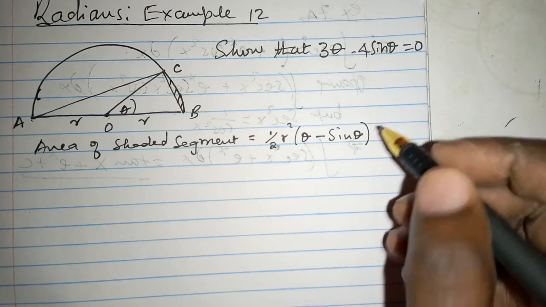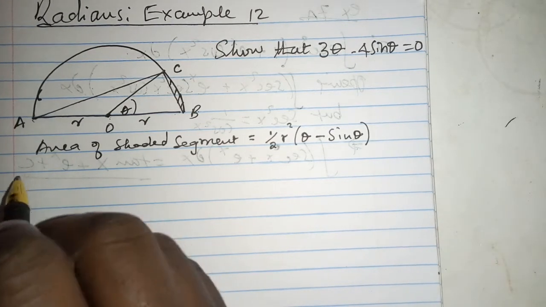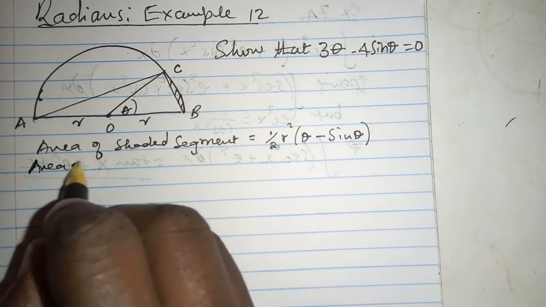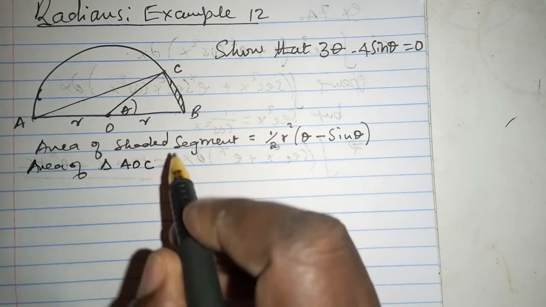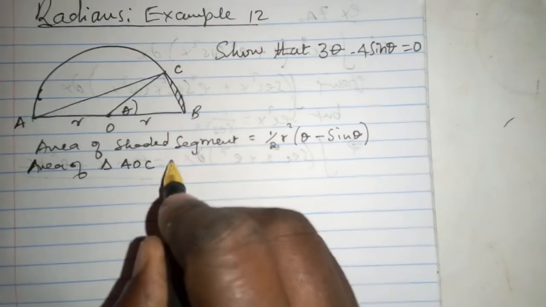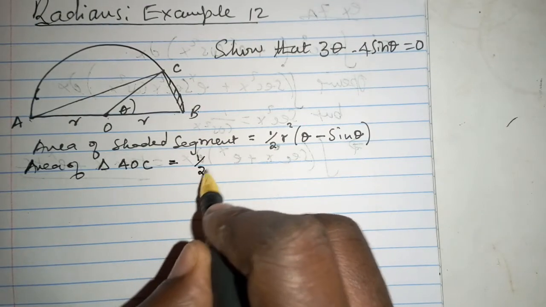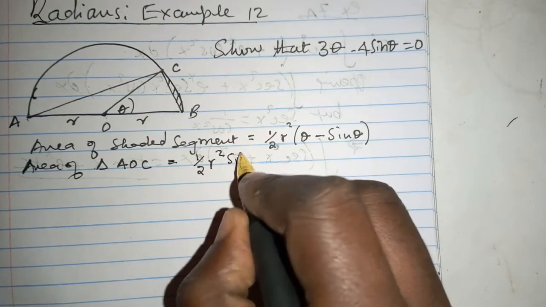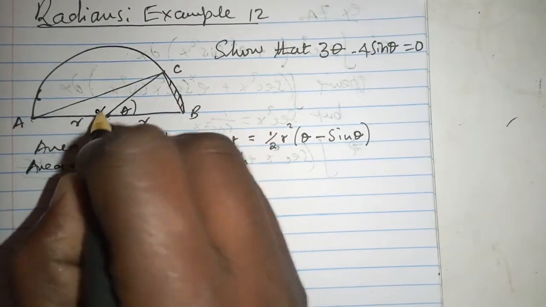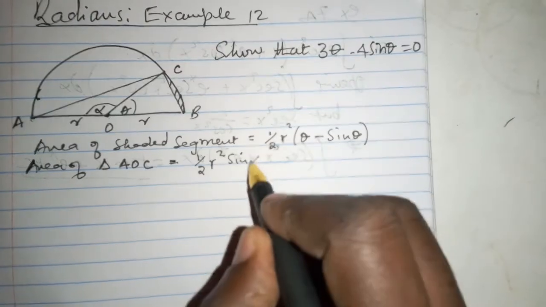That one aside, let us now talk about the area of triangle AOC. This triangle is given by a half r squared sine alpha, where we call this angle alpha.